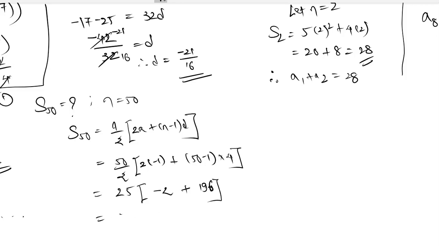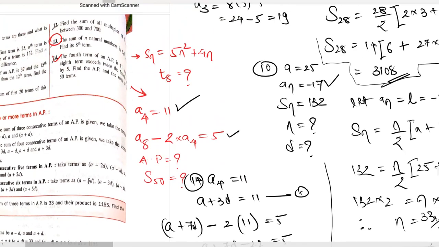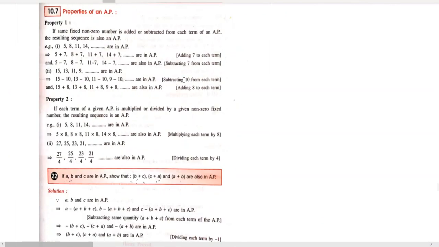So 25 into 196 minus 2 is 194. 25 into 194 is 4850. So this is the sum of 50 terms of this particular AP. Right, so that was question number 14 of exercise 10C. Solved.